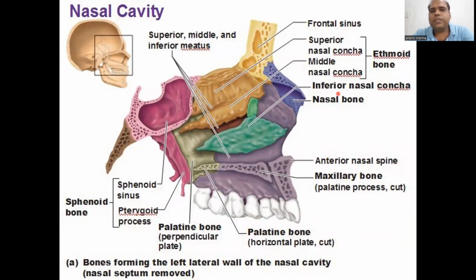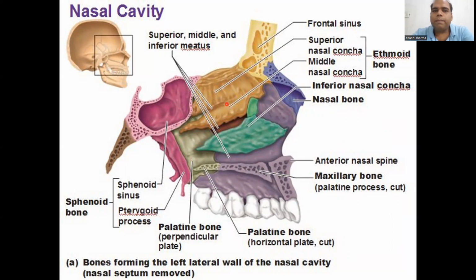These are the bony structures present on the lateral wall of the nasal cavity. Here we can see it is formed by ethmoid bone. Ethmoid bone forms the superior and middle turbinates. The inferior turbinate is an independent bone in itself.